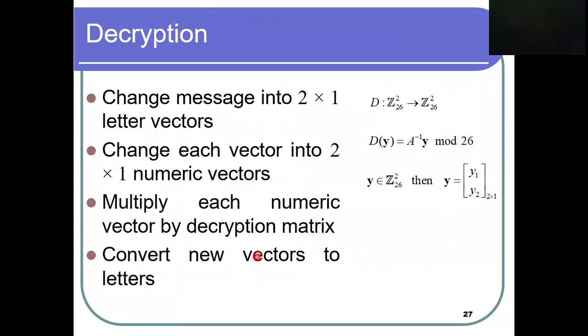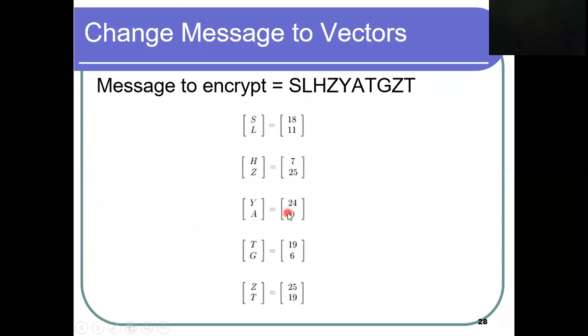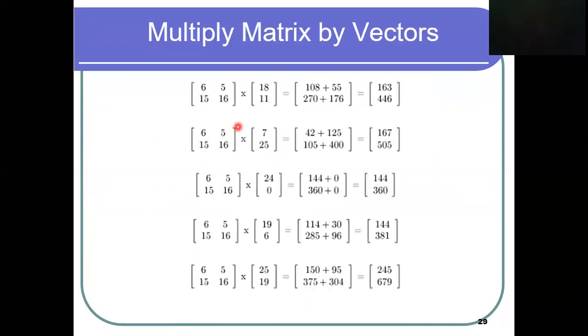The decryption function is from Z26^2 to Z26^2, D(y) is equal to A inverse y. In that case, dear student, we have to multiply this vector, S, L, 18, 11, with the inverse of matrix A. If you look over here, this is the inverse matrix of A. So we multiply this and we get the corresponding column vector for this column vector of the encrypted message.